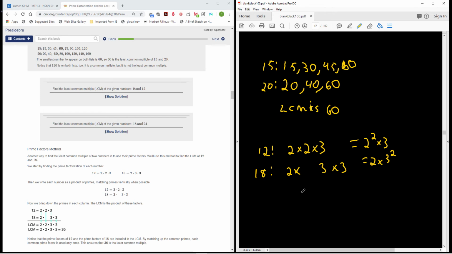So my LCD is going to be the greatest occurrence of any one factor in any one factorization. So it'll be the greatest occurrence of 2's times the greatest occurrence of 3's. So my LCM is 2 squared times 3 squared.